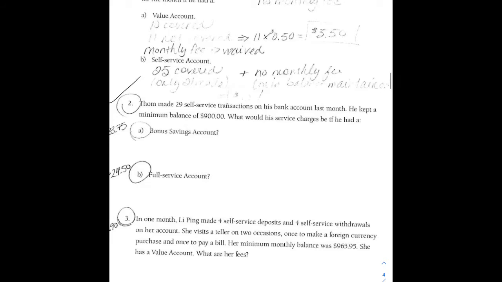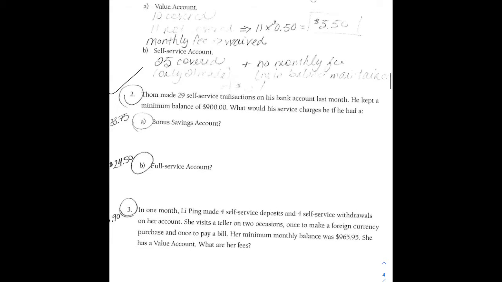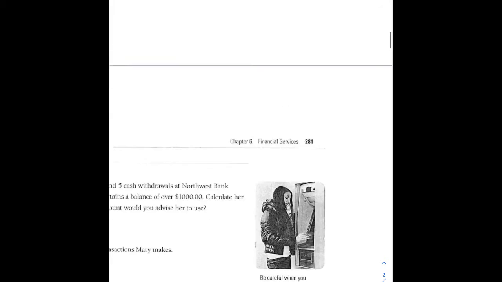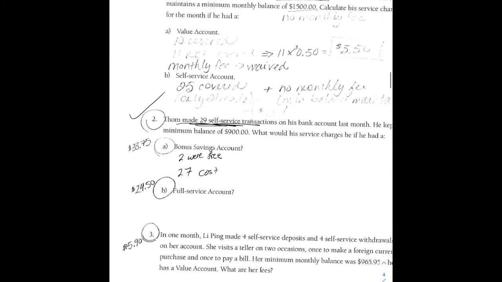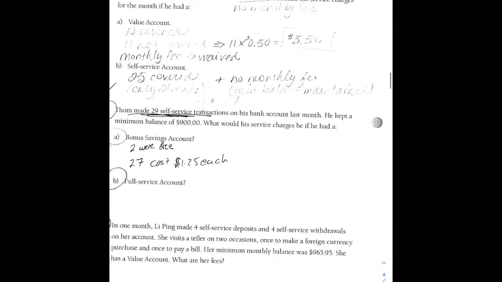Tom made 29 self-service transactions. So 2 of them were free, making 27 that cost. How much do they cost? They cost $1.25 each. So this question, what would the service charge be?